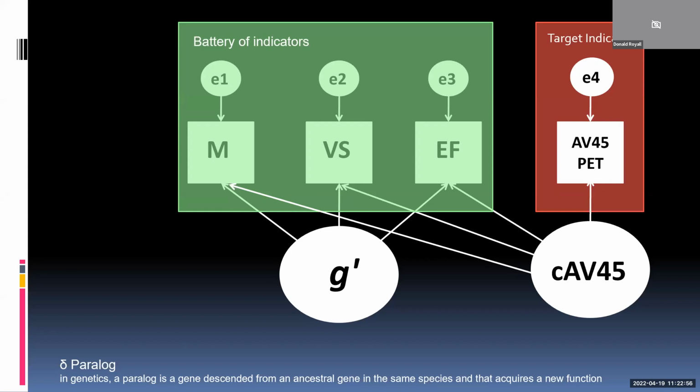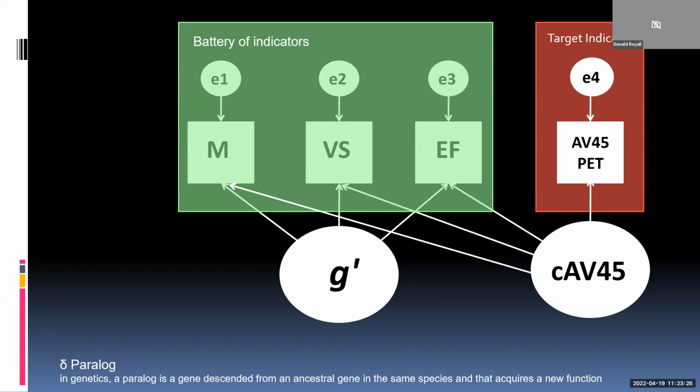So now the latent construct is no longer D. You can't think of it as D anymore. It's not the cognitive correlates of functional status. Now you have the cognitive correlates of a positive PET scan, which could be very interesting and useful. And this would be a paralog, a gene descended from an ancestral gene in the same species that acquires a new function. So if you change the target, you can have some other clinically interesting latent construct, but it wouldn't be D anymore.